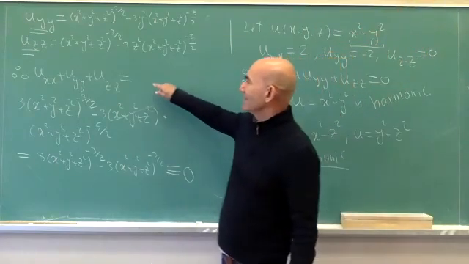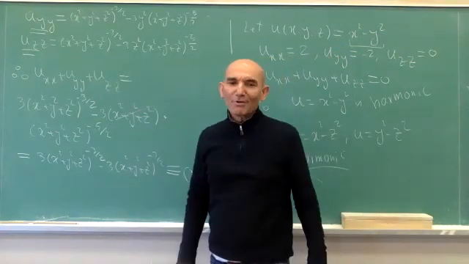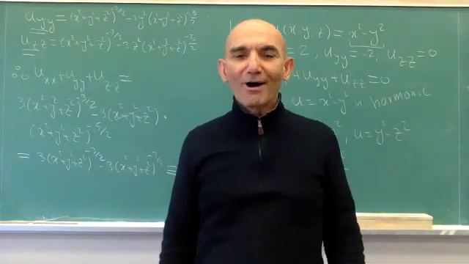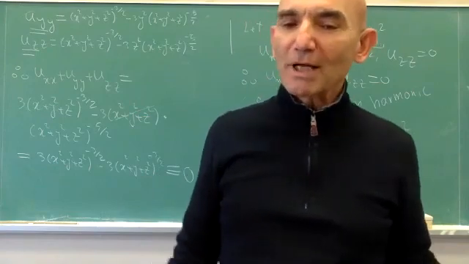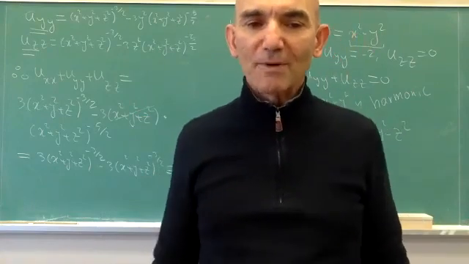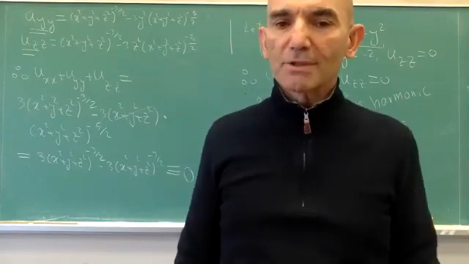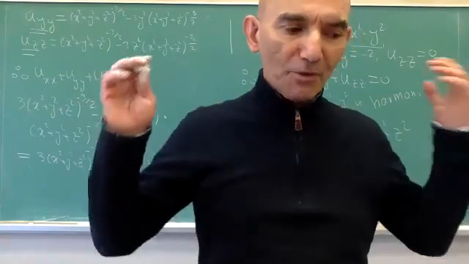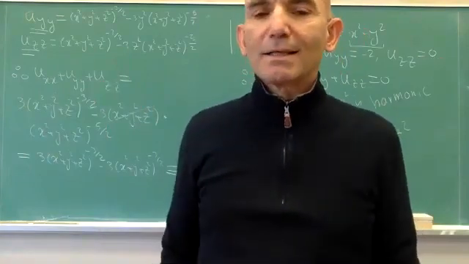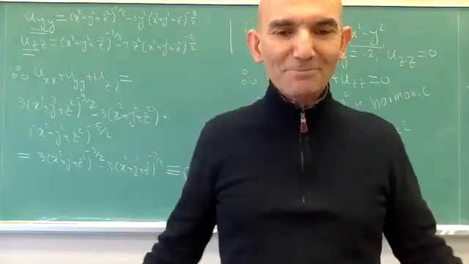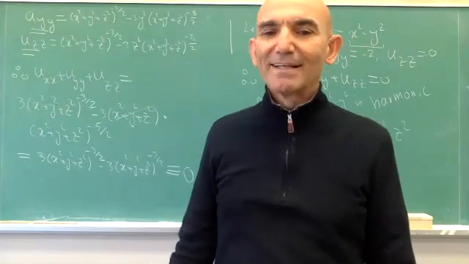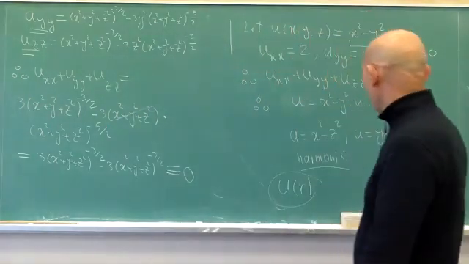Somehow this is kind of the mother of all harmonic functions, 1 over r. And in fact, this is true, but it needs some explanation. But that still doesn't imply that all harmonic functions are symmetric. Although the mother of all harmonic functions is symmetric, its kids are not symmetric, sorry.